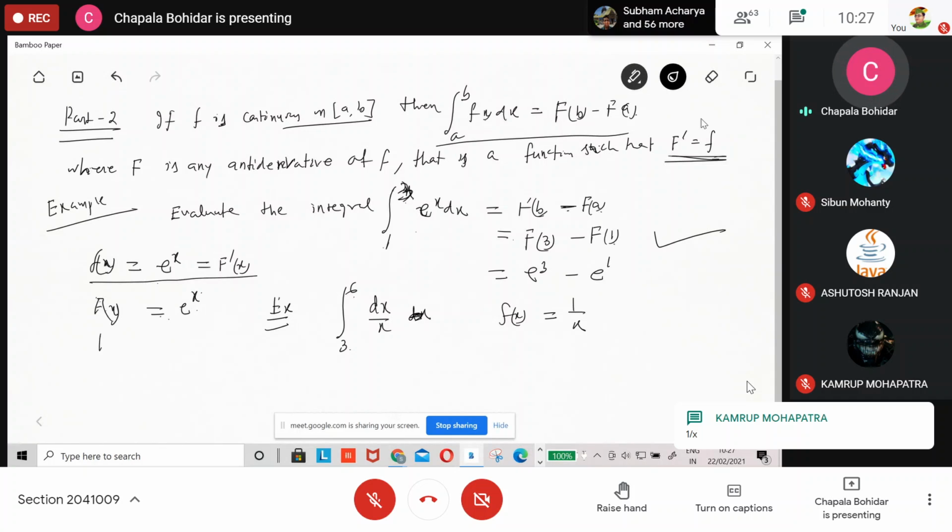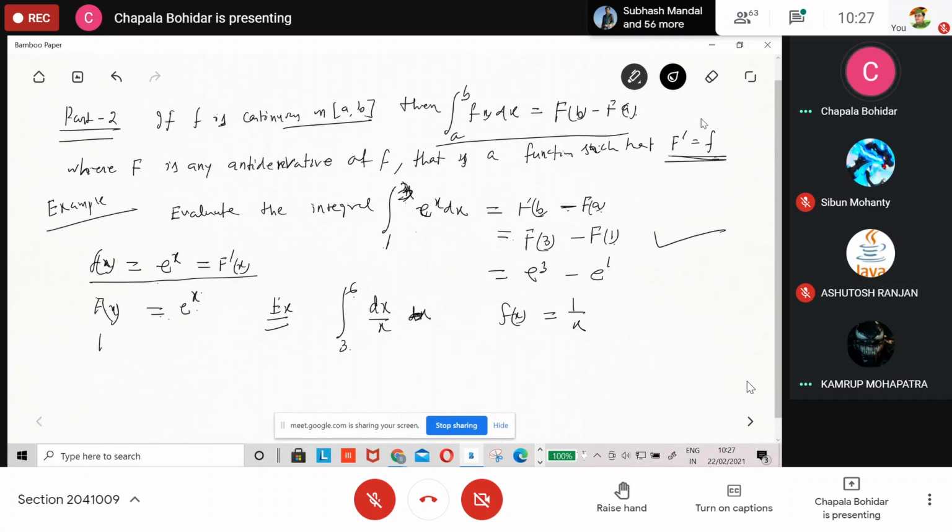It is not differentiable at 0, but our interval is given as 3 to 6. Yes, ma'am, it is differentiable in the given interval. So now you solve and tell me the result. Quick, it is very easy.